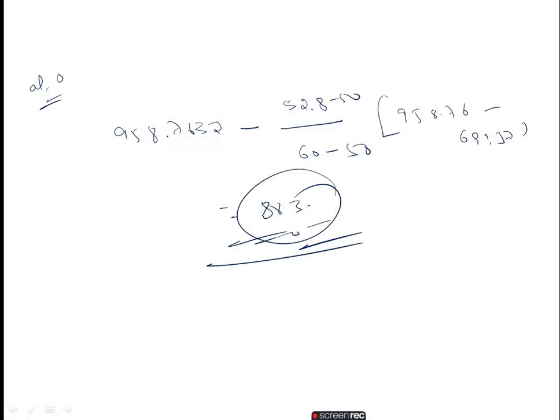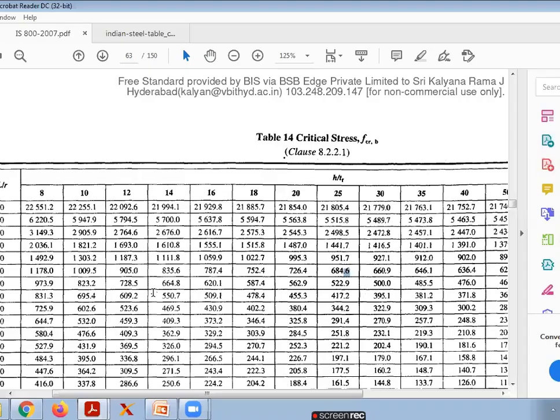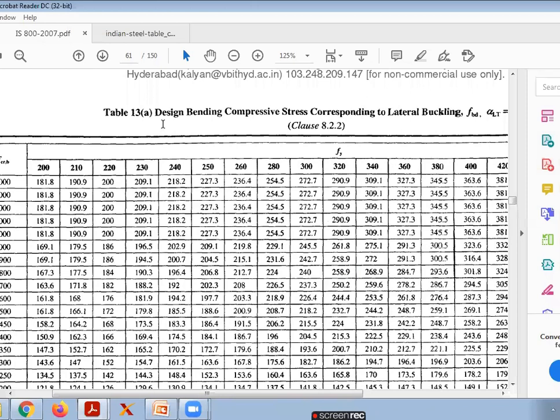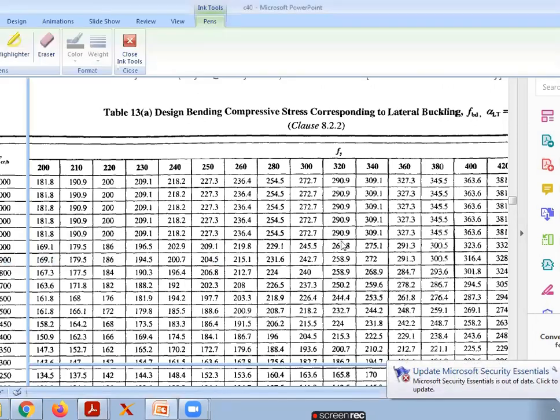Now by using Table number 13a, again you have to do the interpolation to calculate the fcd. Okay, I will show you that, page number 30. Yeah, in 13a, the value we got is 883. That means between 800 and 900, the values are 204.5 and 209.1.